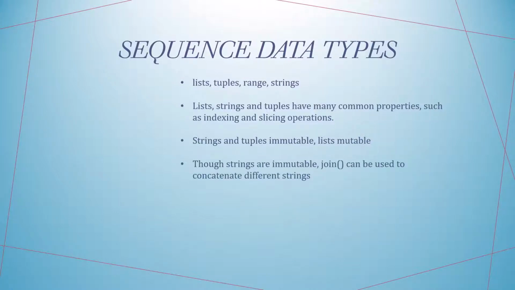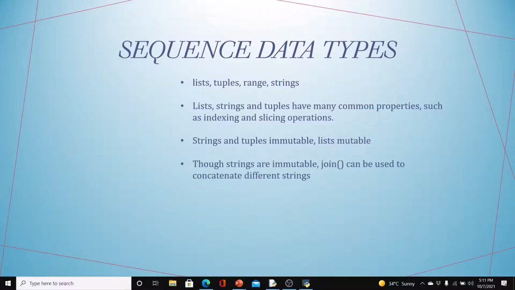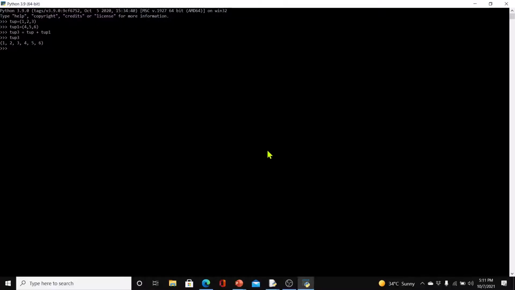The join method can be used to concatenate different strings. So you will remember that we did something like this. If I have L1 equal to tuples, R, immutable, I can do something like this: space dot join x dot capitalize, for x in L1.